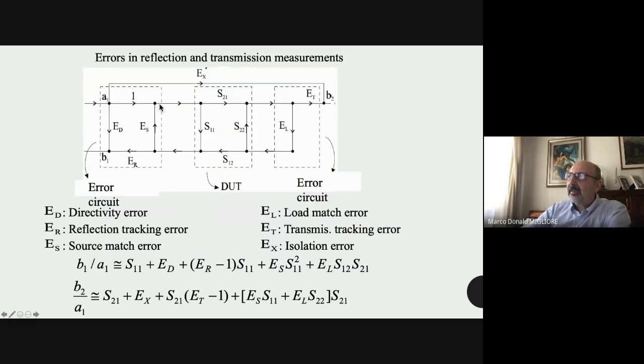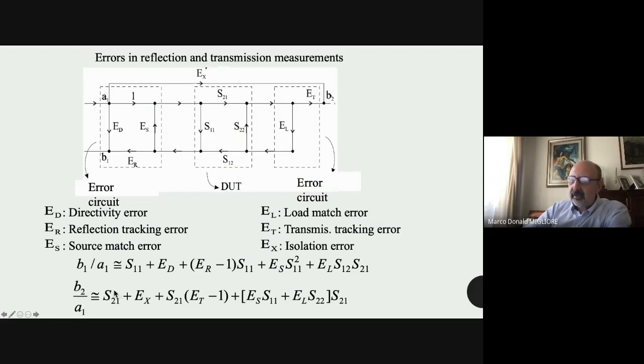Because part of the signal is able to go through the device, it's reflected, and so it comes again here. And what we measure here is not related only to this reflection coefficient, but also to what happens here. And this is the same for the transmission coefficient.